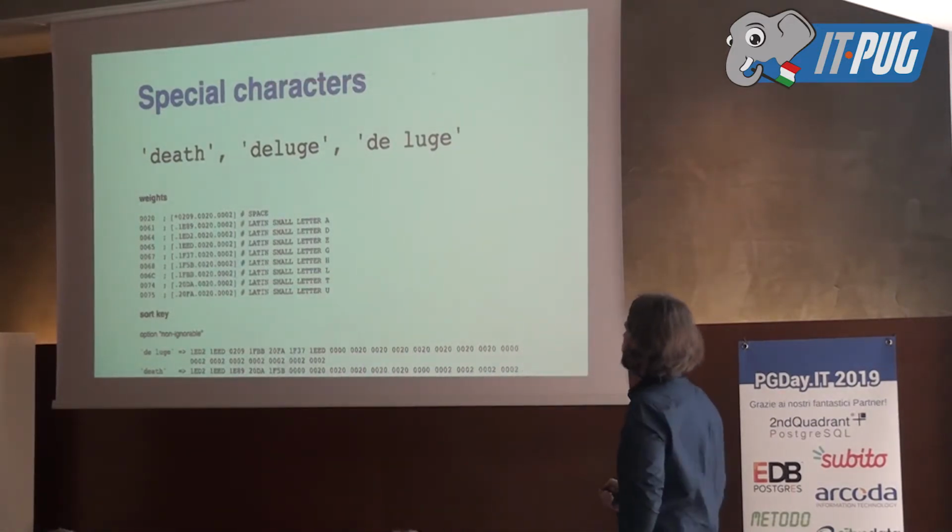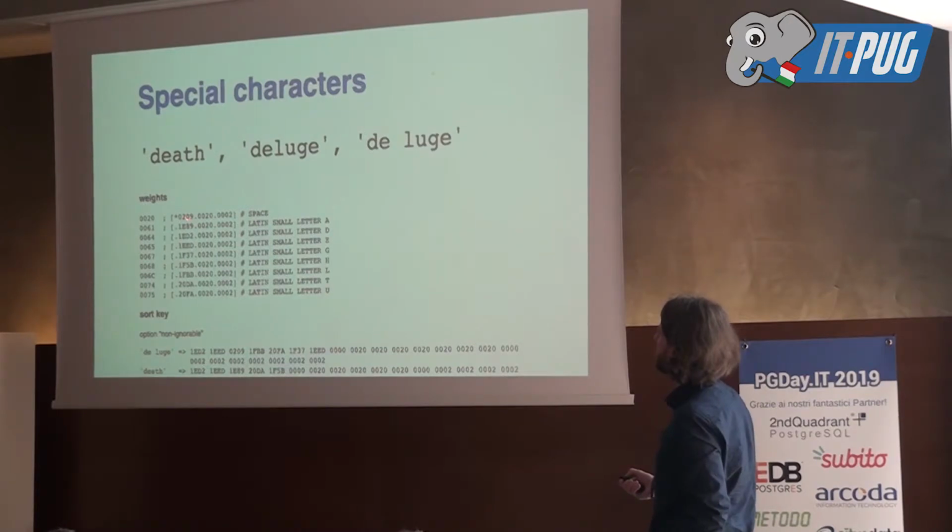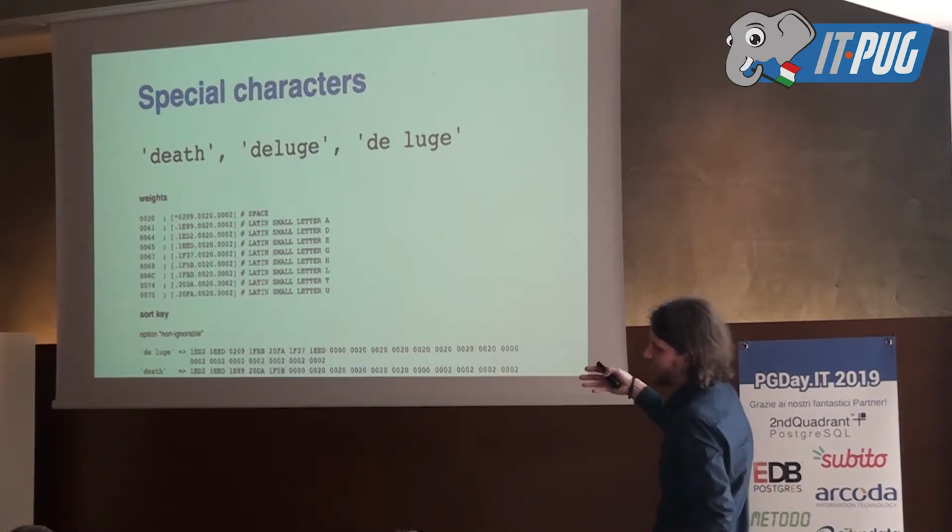The easiest is that you just use the weight as is, you just do what we said, and then you get this result, right? That you have the word with the space before this other word. So you basically have this one first, then this one, and then that one. That's because the space comes before the A and then the L. This is kind of almost like an ASCII sort, right?